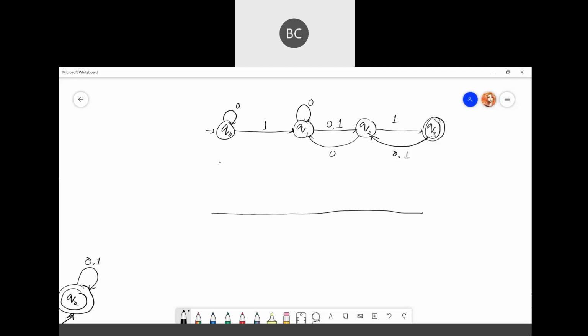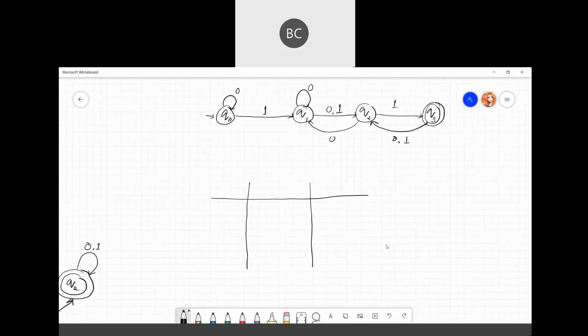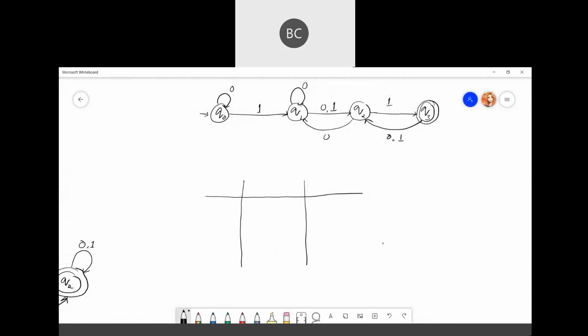So in the table, how many states are there? And what are the states? This part is the present state. How many states? 1, 2, 3, 4.